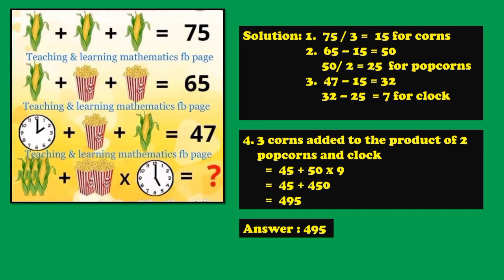So that is why I considered that the pinpoint of the angle here is 9. So therefore 45 plus 50 times 9, so 50 times 9 is 450 added to 45, and we have now 495. So the answer of this image is 495.